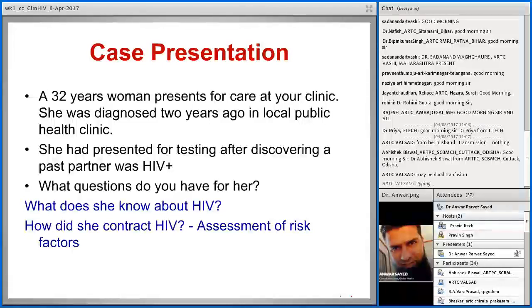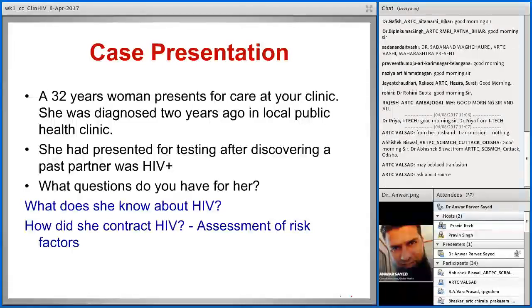No, the reason why we ask this particular question, how did you contract HIV, is very clear: we want to assess the risk factor so that this particular client will not get any superinfection or repeated infection or any STI or any other issues which are related to behavioral risk. So that is the reason we ask this question. But unless people are clear about the reason for asking these questions, the meaning may differ.